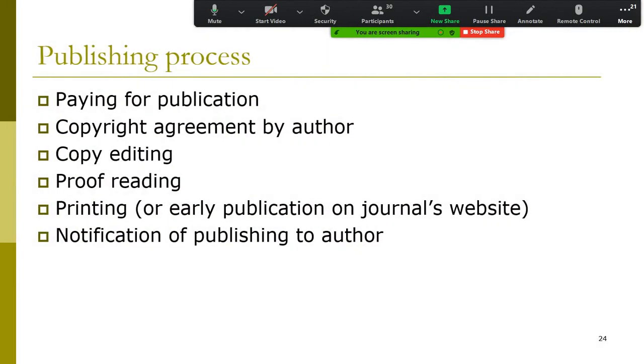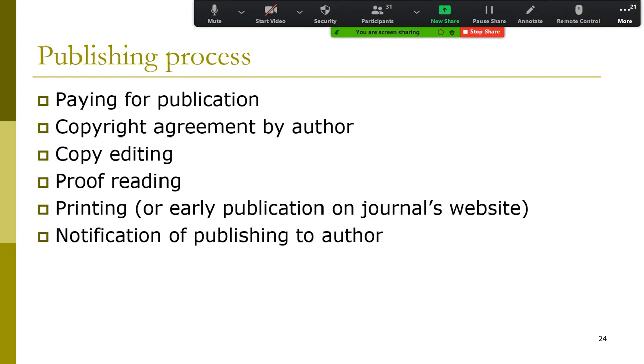So here is the publication process. When your article is accepted, they will ask you to pay the publication fees, if there is any fee. Then they will send you a copyright agreement form, and these days it is again online, and you can submit the form by signing it or clicking on a button for your agreement.